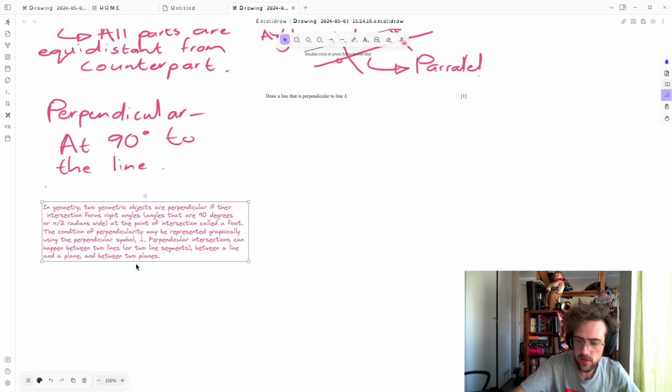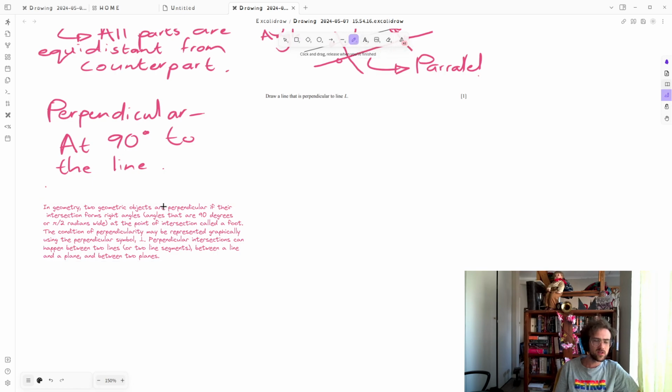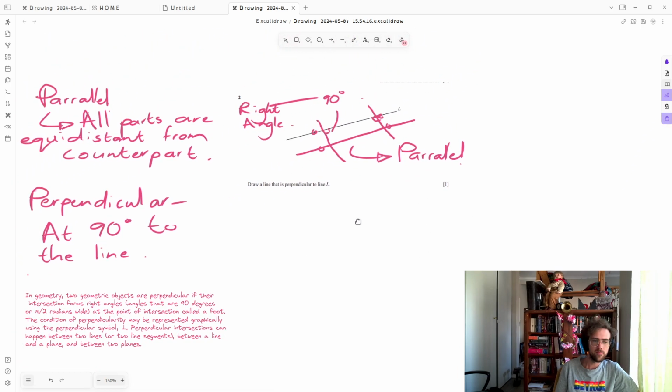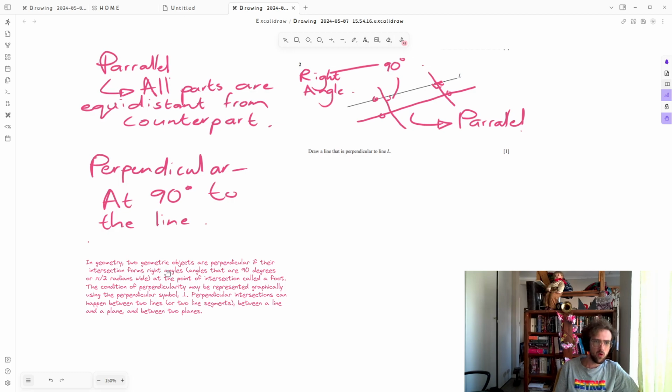Okay, so let's quickly explore that. We're just looking at this definition. Intersection, the point of intersection is the point that they touch. Forms right angles, at the point of intersection called a foot.